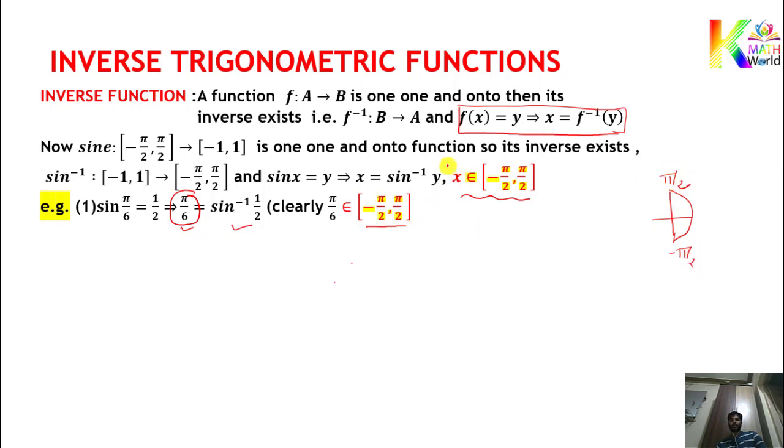This is the range of the sine inverse function that you have to remember. So pi by 6, 30 degrees, obviously lies in this range. If your value lies in this range, then you can write this, otherwise no.